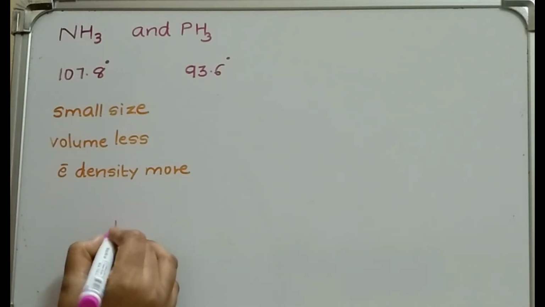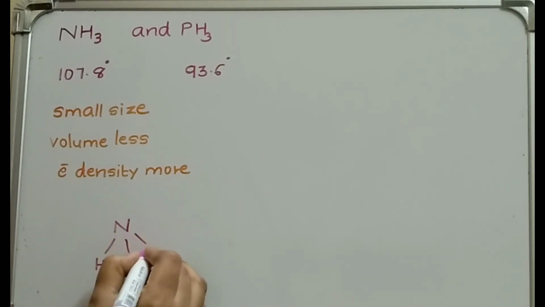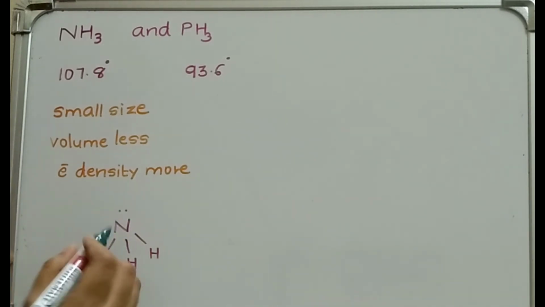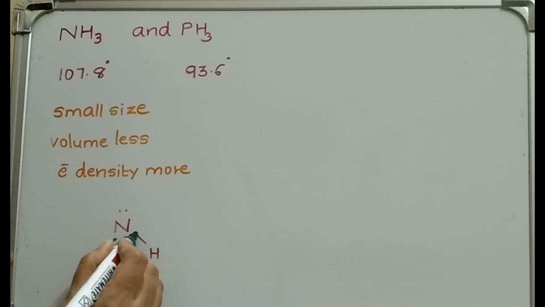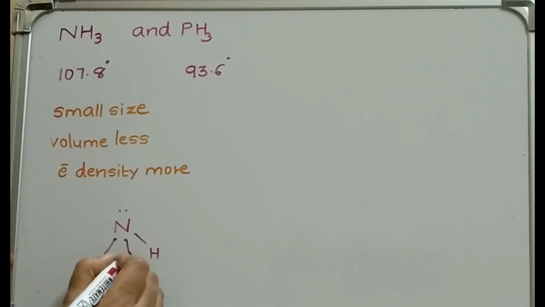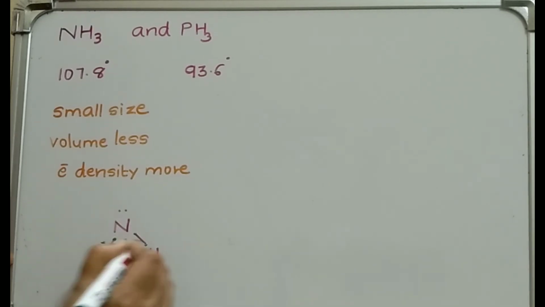See, now I will draw it here, N, H, correct? Already it is having a lone pair here. So nitrogen is electronegative, electrons are here. It will try to pull the electrons which are present here towards itself. Why? Because it is electronegative.